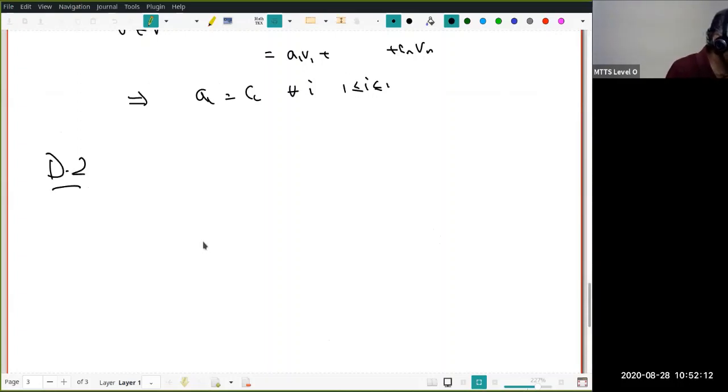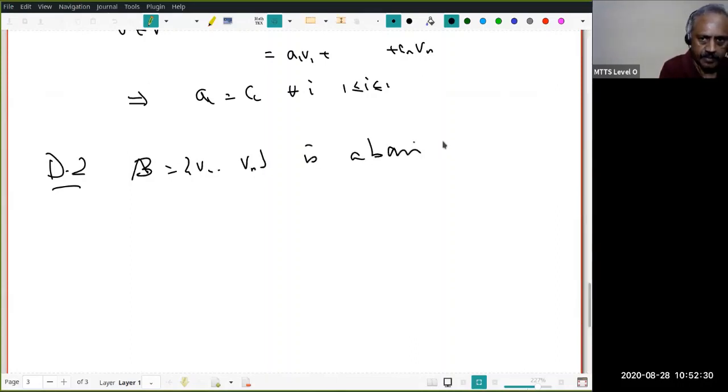What is definition 2? I don't know which one will come first, but let's say D2: B equal to V1 to Vn is a basis of V if B is a minimal spanning set.